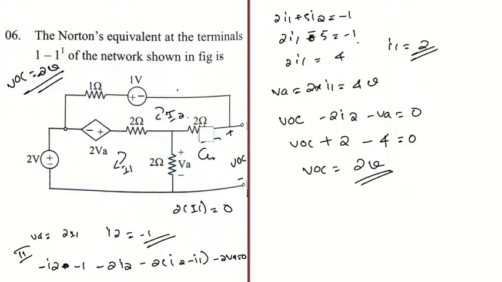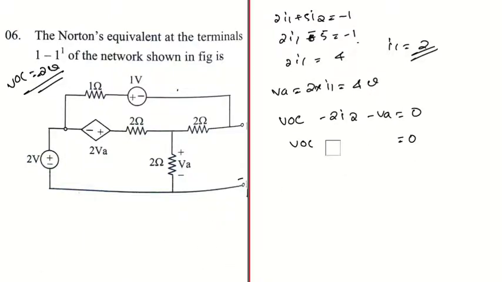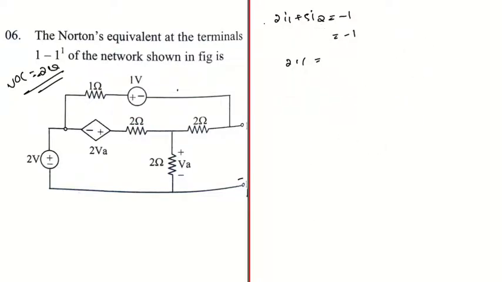To find out our ISC, we have to short circuit this terminal 1 dash. So we are going to short circuit and find out the value of ISC. So this is the short circuit, so it will be ISC.